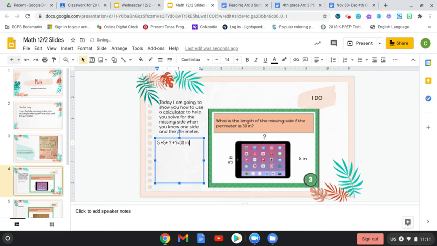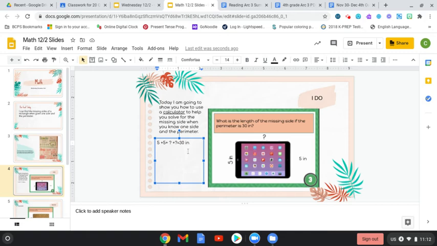I know that because they gave me the perimeter up here. I know that this side and this side are going to be the same length, but combined, all these sides have to equal 30.